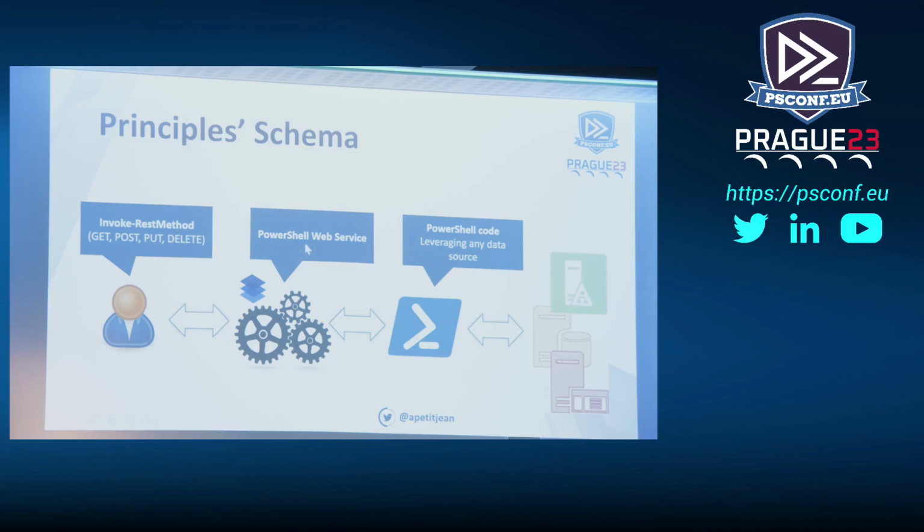For example, imagine it's PowerShell Universal, but that could be another one. Some others exist, like Polaris or Pode. And this web service interacts with PowerShell, and you can execute any PowerShell script you want and interact with any resource, local or remote. This is the principle.